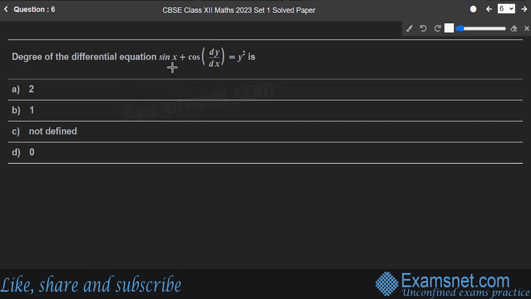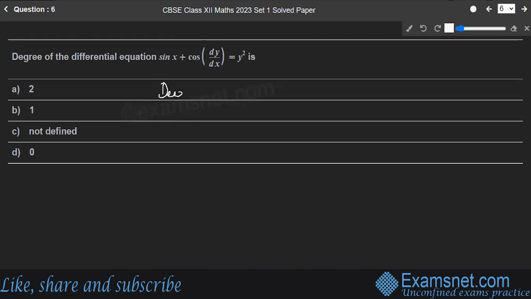Degree of the differential equation sin x plus cos of dy by dx is equal to y square is. See, the given differential equation is not a polynomial equation, first of all. You are given this differential equation here.